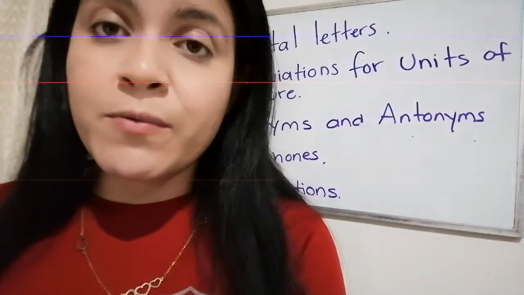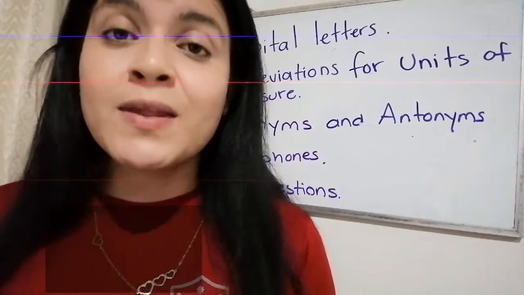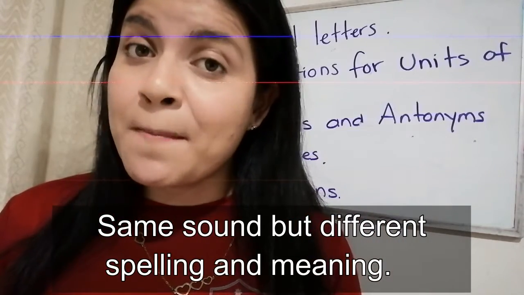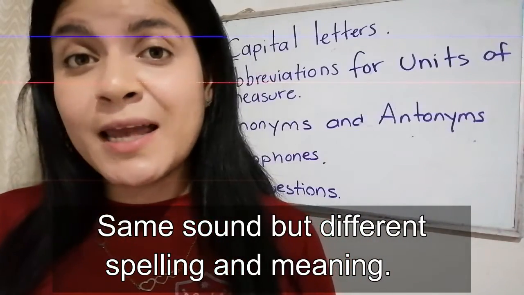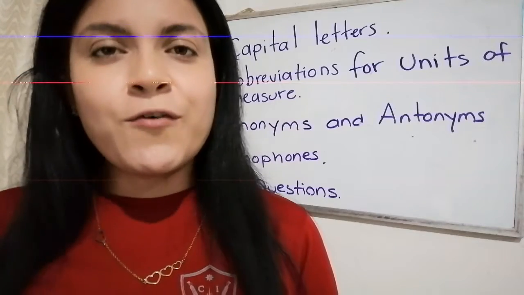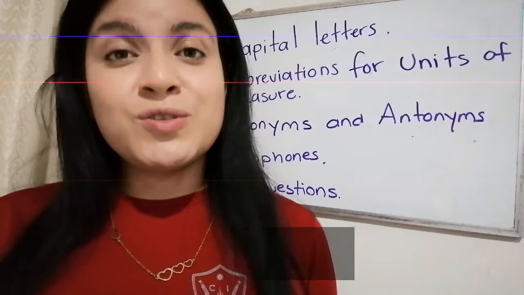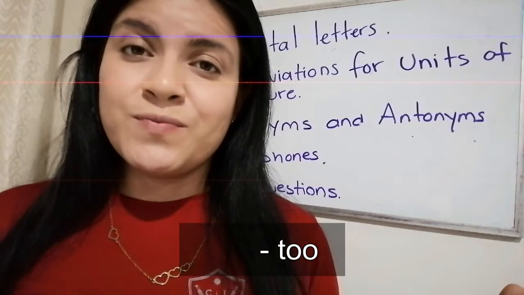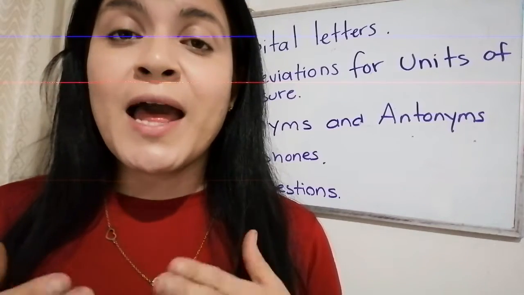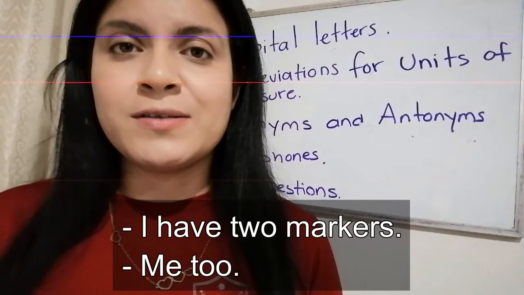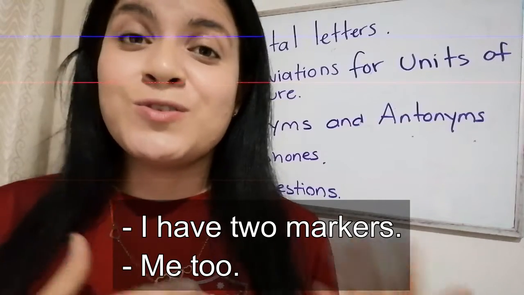Homophones, as you remember, are words that have same sound but different spelling and different meaning. For example, there, two. Yes, for example, I have 2 markers. Me, too.